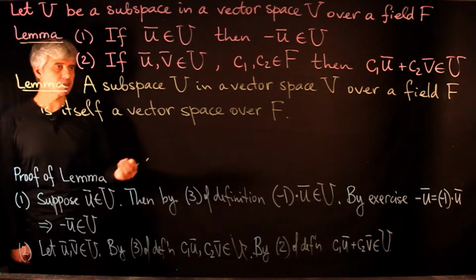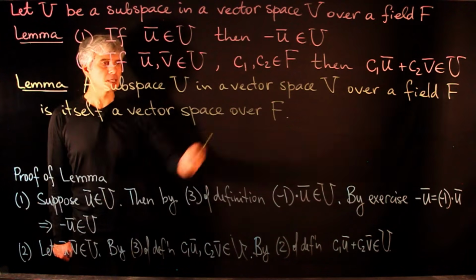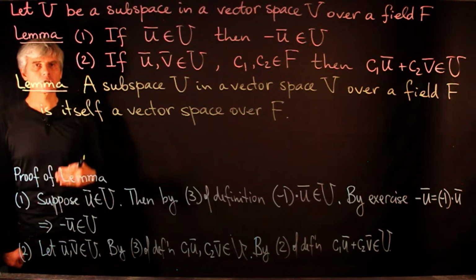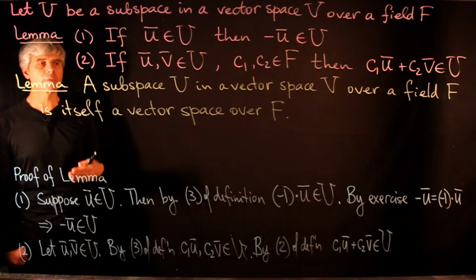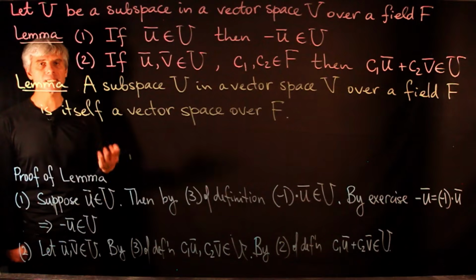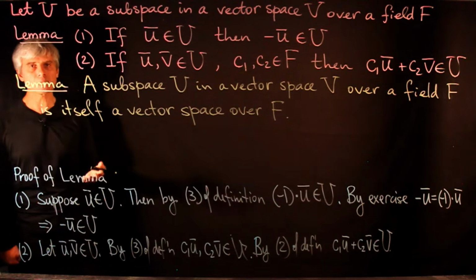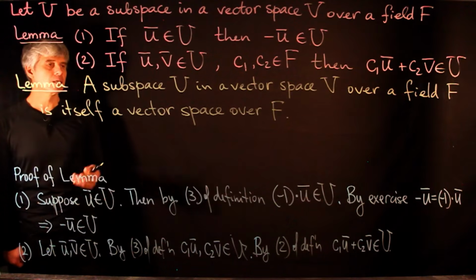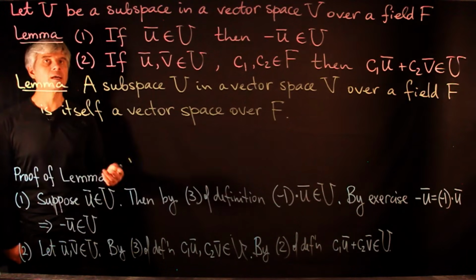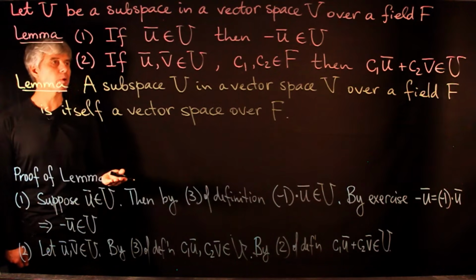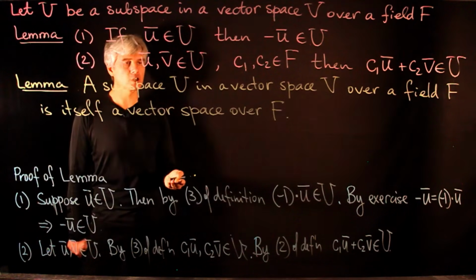Now, if we have a subspace in a vector space, then by definition it's closed under addition, so we can define addition on this subset. It's also closed under multiplication by scalars, so we can define multiplication by scalars from the field. It contains a 0 vector. And by property 1 of this lemma, it also has the unary minus operation.